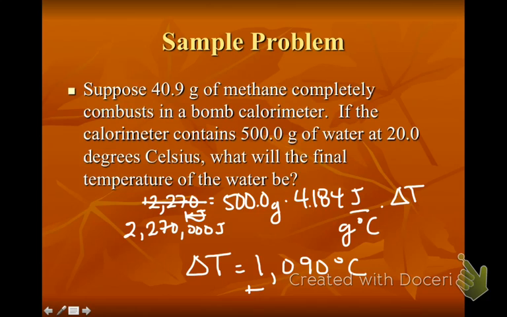So I just get this absolutely huge change in temperature, 1,090 degrees Celsius. So I'm going to add that to the 20 degrees it started at. And so the final temperature of my water should be 1,110 degrees Celsius, which means this water is going to be completely vaporized.